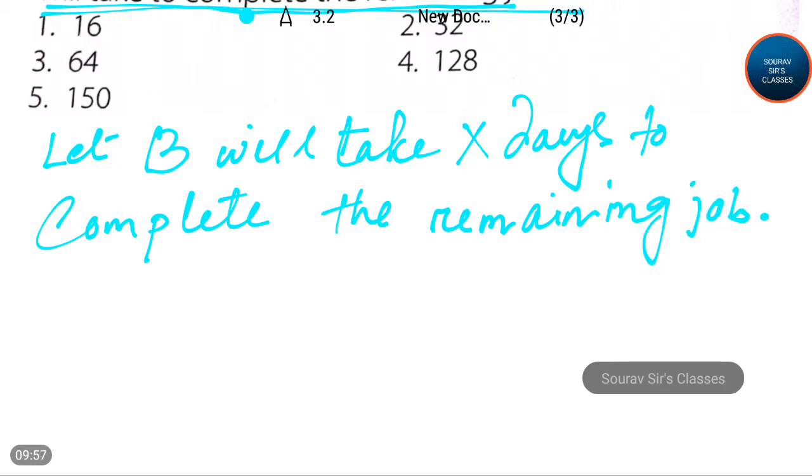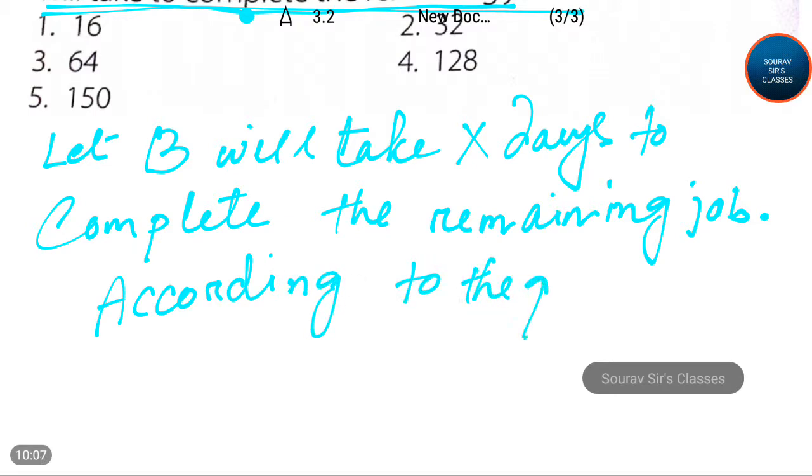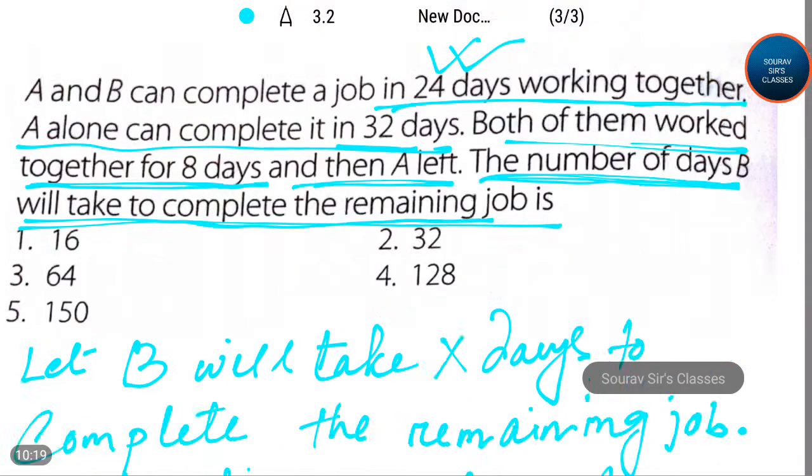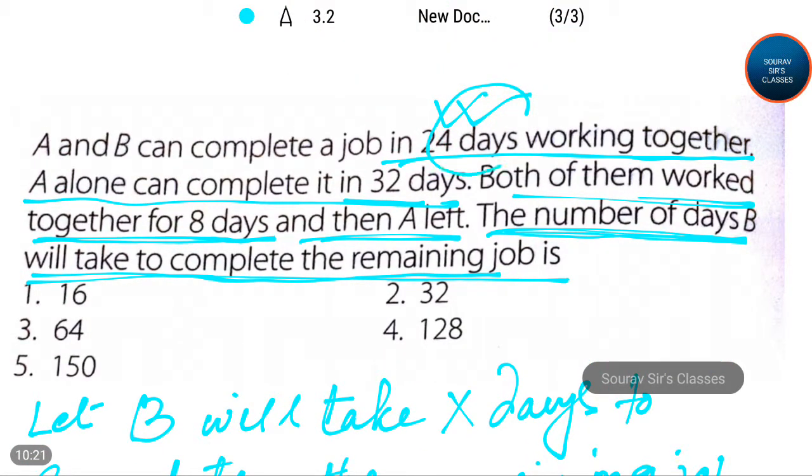Now, according to the question, 1 by A plus 1 by B is equals to 1 by 24, because together they can complete the work in 24 days.